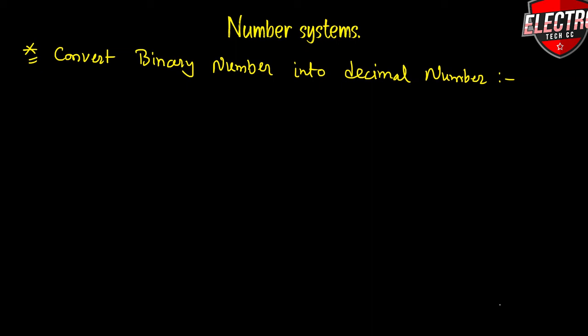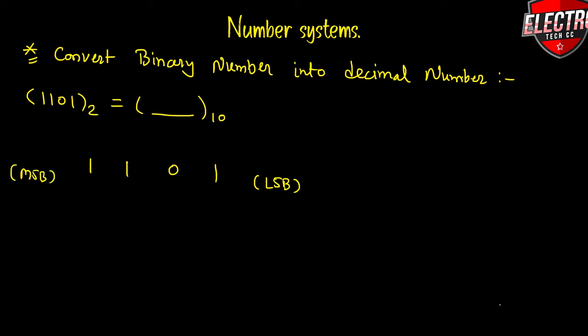For example, if you have a number in binary, 1101, and you have to convert this number into a decimal number system. What you can do, you have to write the given number like this, then in the given number you have to write down the least significant bit and most significant bit.